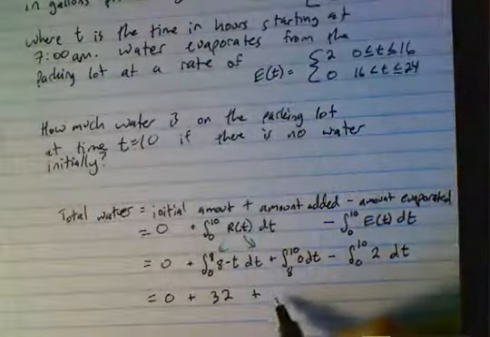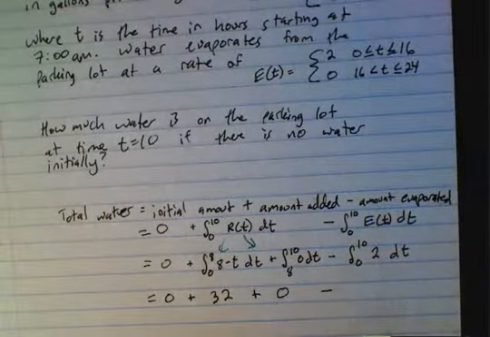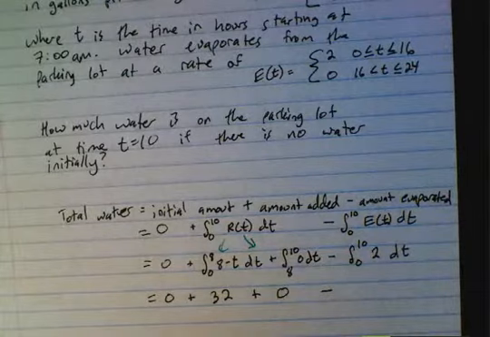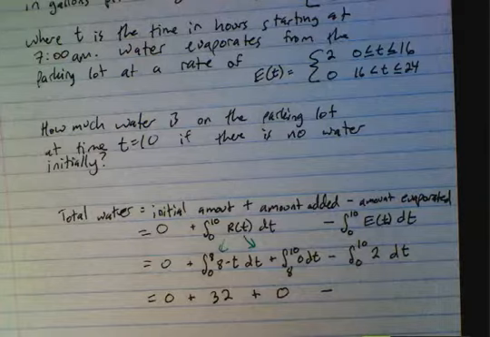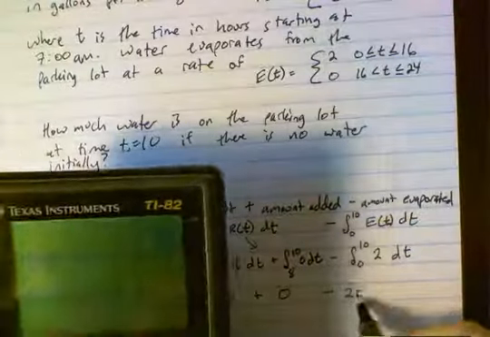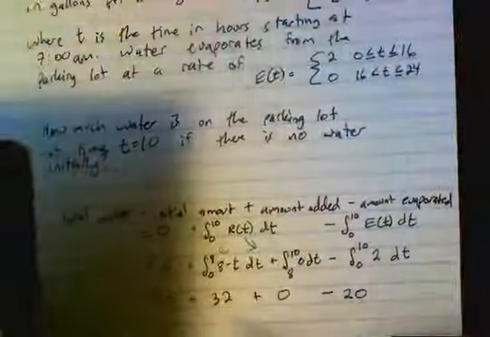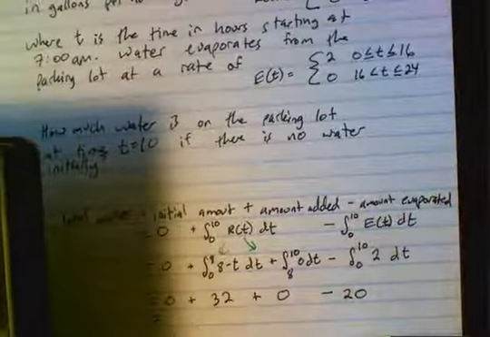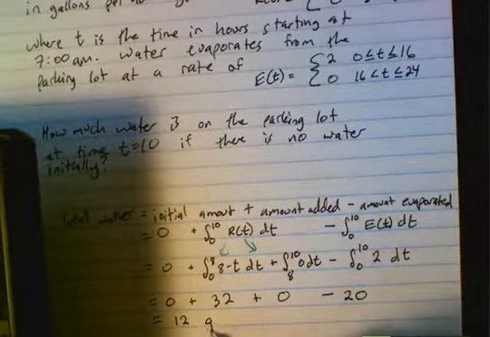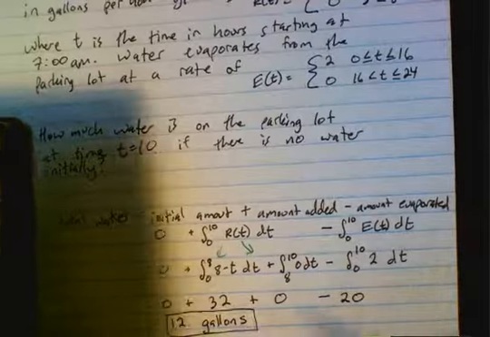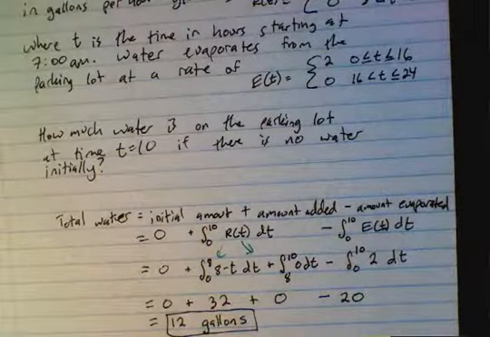The integral of 0 from anything to anything is still 0. And then the integral of 2 from 0 to 10, you can do that one in your head, but do check on the calculator to confirm. 20. So when we add those up, 32 minus 20, 12 gallons. That concludes these notes.